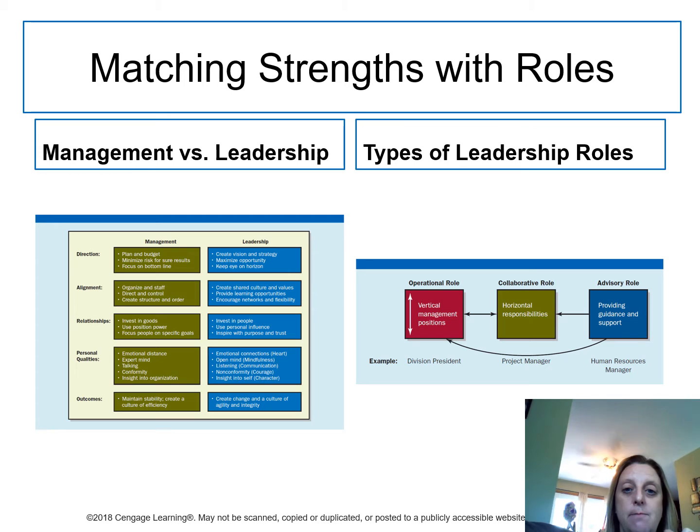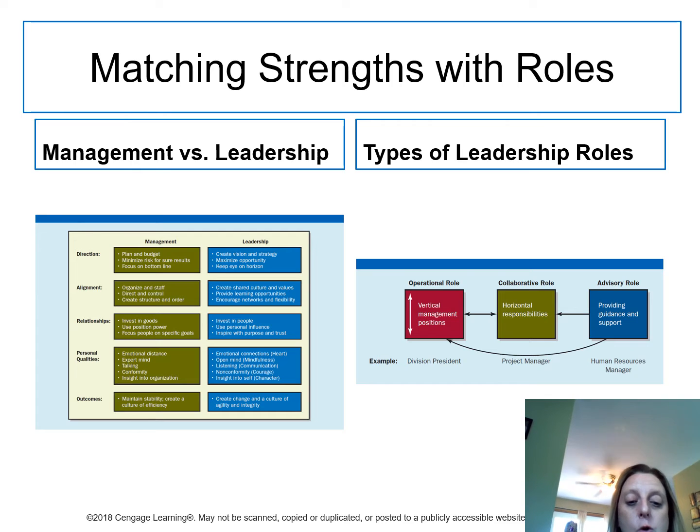So specifically management direction, alignment, relationships, and outcomes. If you look at what's included under management in those aspects, you will be able to directly align that with an operational role of leadership.